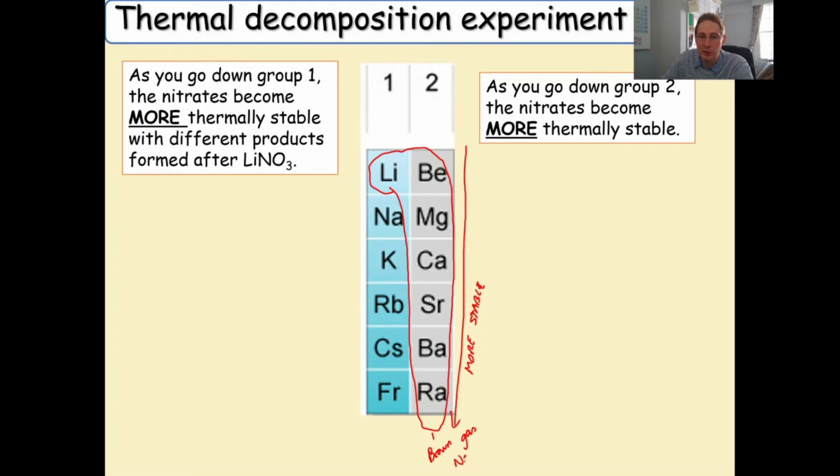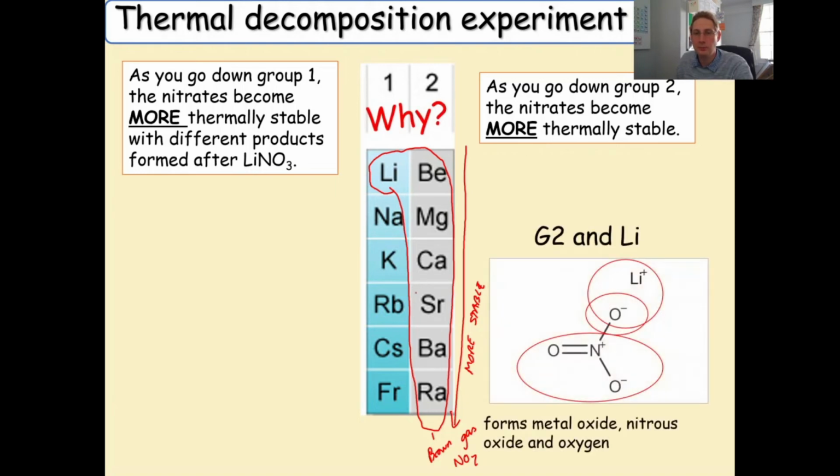Which is NO2. These ones don't. What's going on? Well, for group 2 and lithium, the ion is small enough that it's able to pull the electron density onto one particular oxygen atom, therefore ending up with the metal oxide, nitrogen dioxide and oxygen.